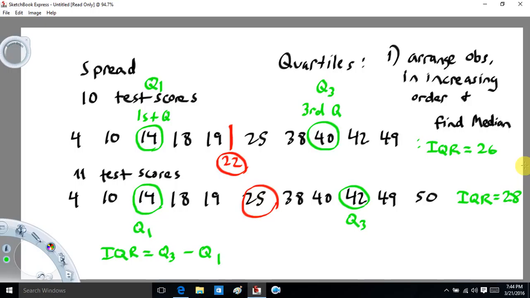So while we're on this topic, we might as well talk about box plots. The box plot has a central box. Oh, let's write this down. Has a central box that spans quartile 1 and 3. And then a line in the box that's the median.